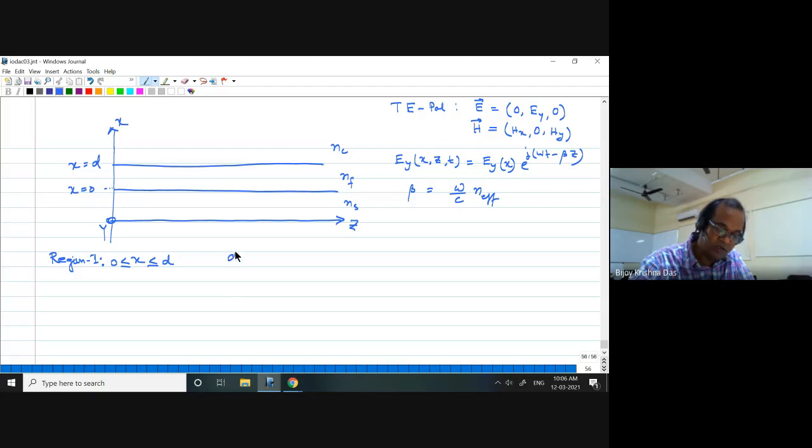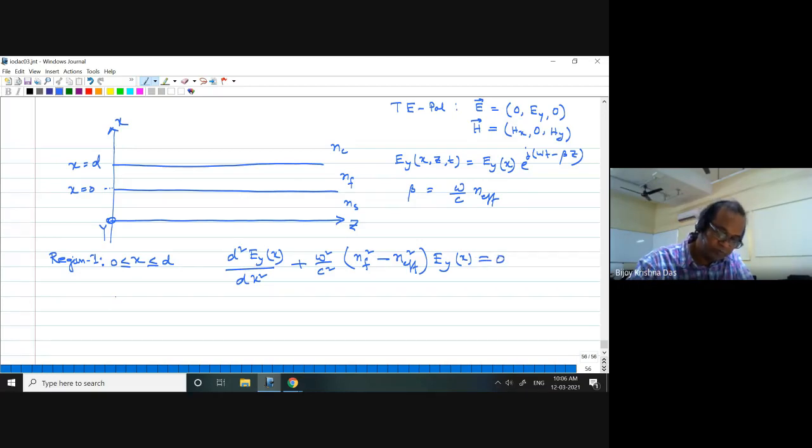We write the frequency domain equation: d2Ey(x)/dx2 plus omega square by c square times nf square minus n effective square, Ey(x), that is actually equal to 0, right?